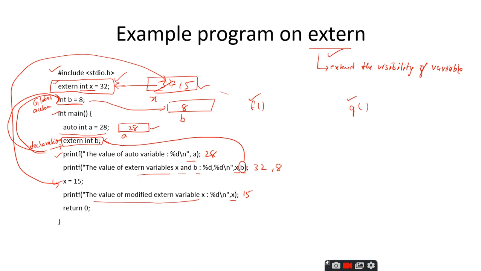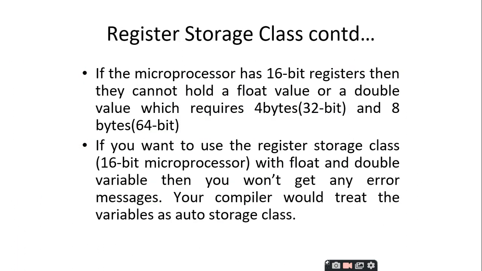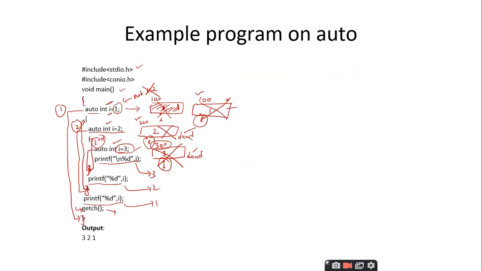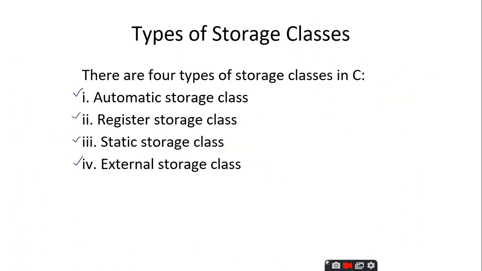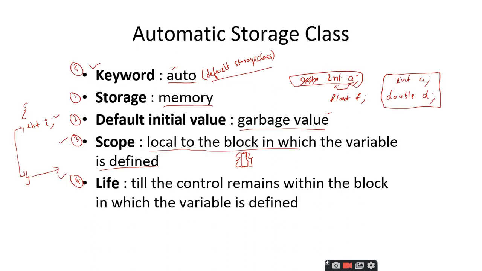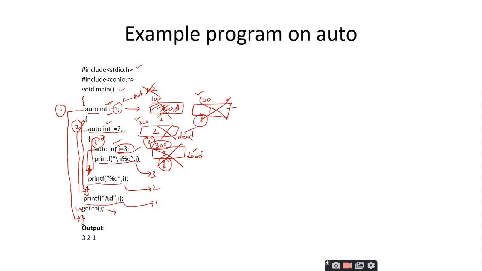And then we went through the discussions on the 4 storage classes that are available, that is automatic, register, static and external. Automatic variables are declared with keyword auto, storage is memory, default value is garbage, scope is within the block, life is within the block.